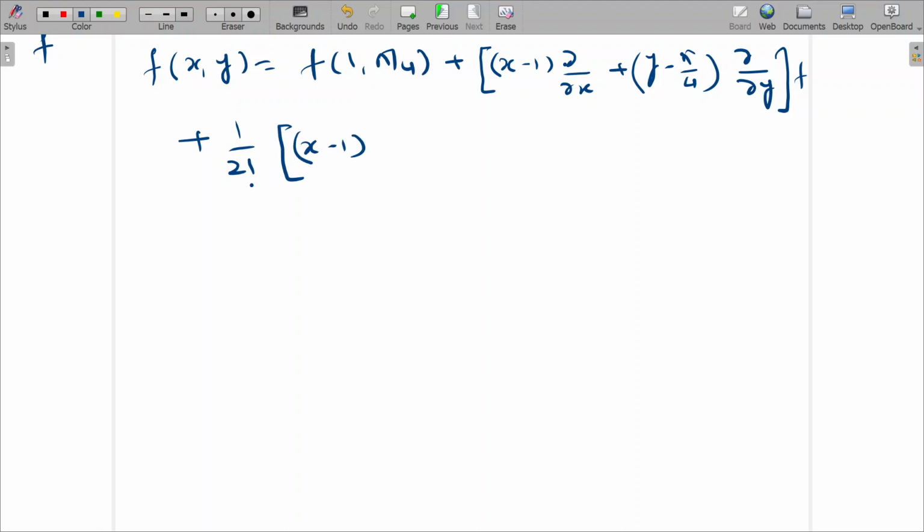Okay, so this will be the square of (x minus 1) ∂/∂x plus (y minus π/4) ∂/∂y f.